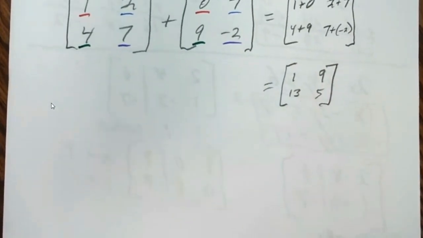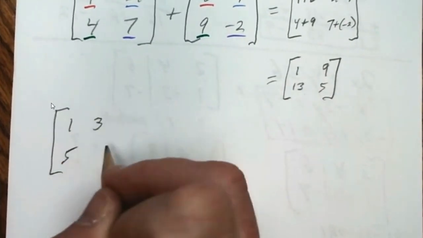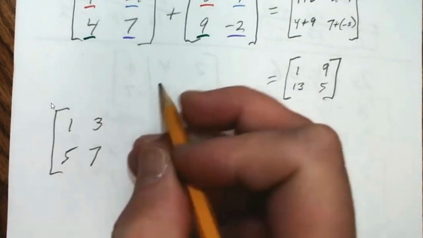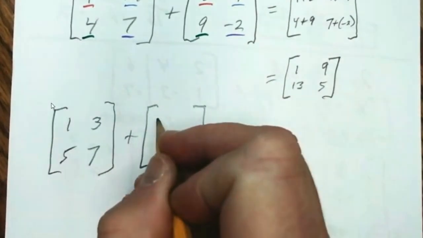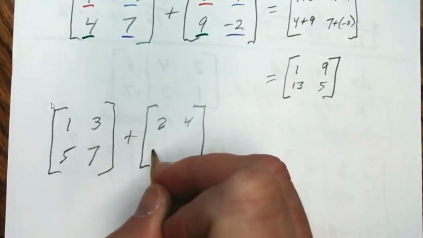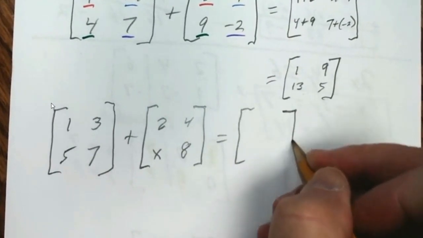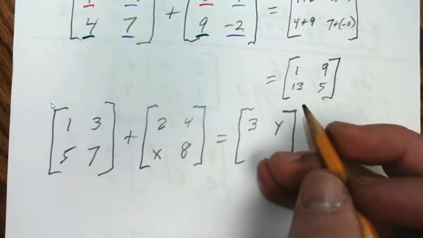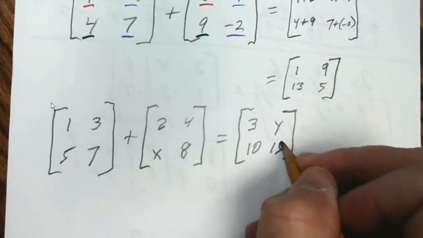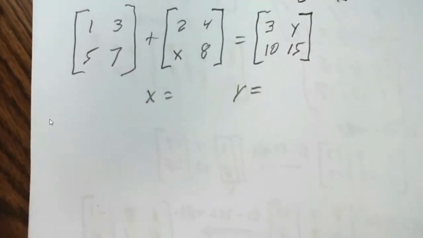I hope so, because let's say you have a problem like this: 1, 3, 5, 7 plus 2, 4, x, and 8 equals 3, y, 10, and 15. What's x? What's y?